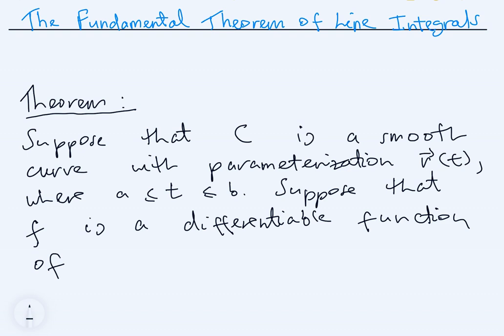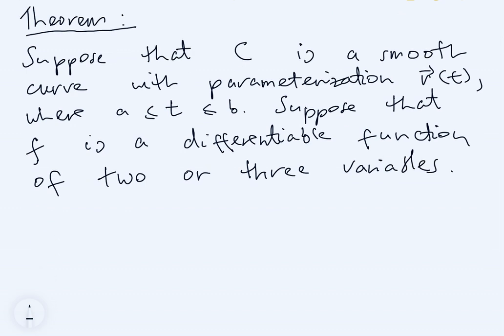So suppose that f is a differentiable function of 2 or 3 variables. So far we have a curve C, which is a smooth curve. It's got a parameterization r of t, and the parameter t ranges between a and b. And also we have f, which is a differentiable function of 2 or 3 variables.